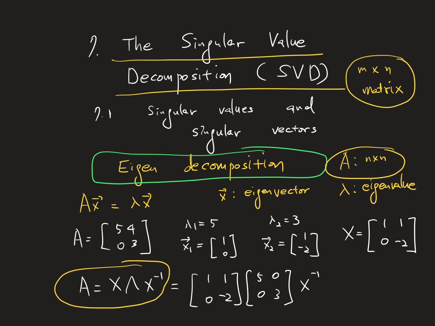SVD has the shape A is equal to U times sigma times V transpose, where U and V are orthogonal matrices.